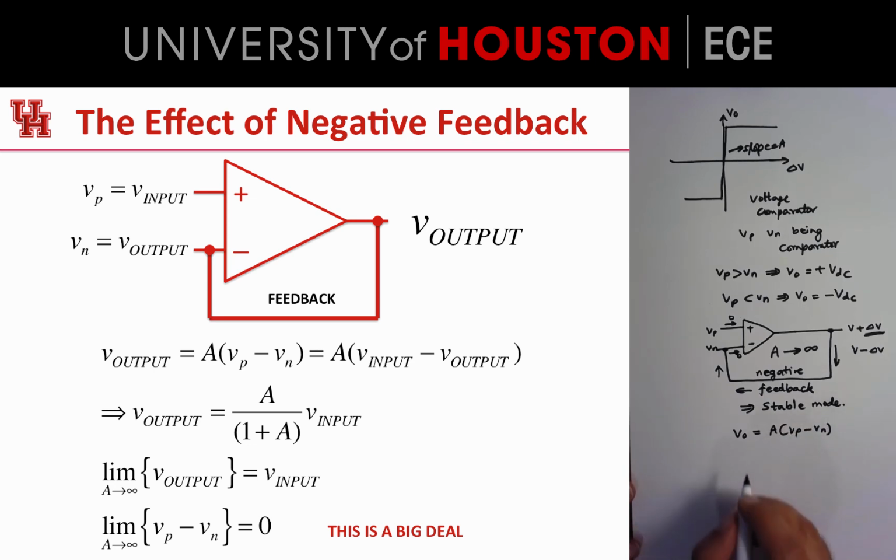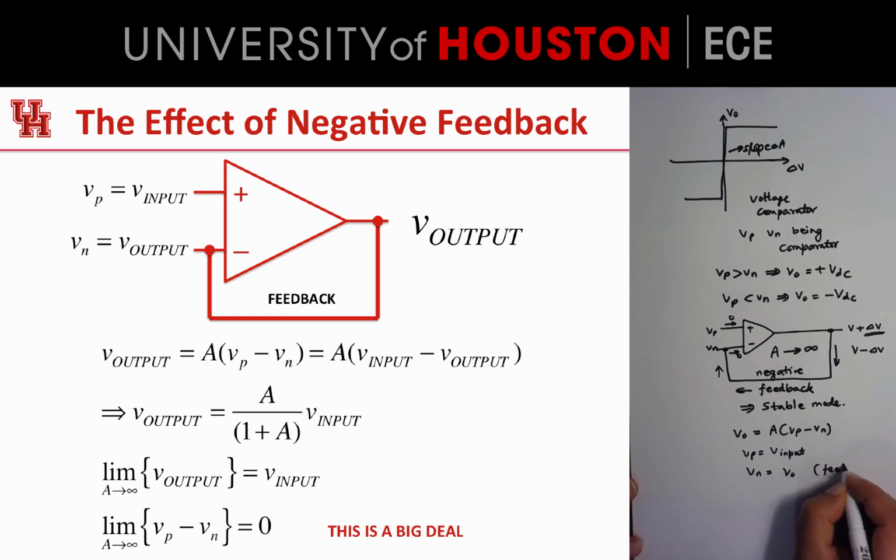Now suppose that VP is V input, and VN is the same as V output because of the feedback. So let's plug it into this formula. V output equals A times VP, which is V input, minus VN, which is V output.